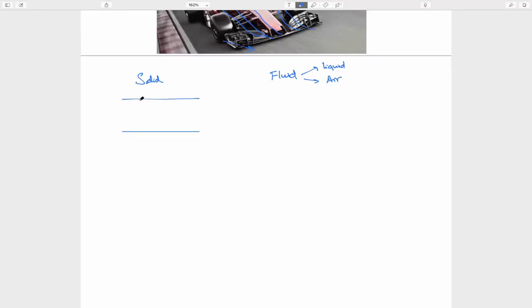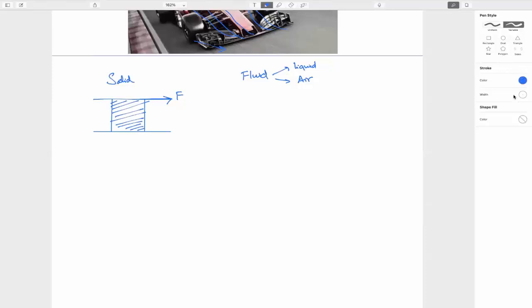So let's say you have these parallel plates, and you put a solid inside them. Now you apply a shear stress. I have already discussed what shear stress is. Let's say you apply some force on this plate, and due to that it gets deformed.